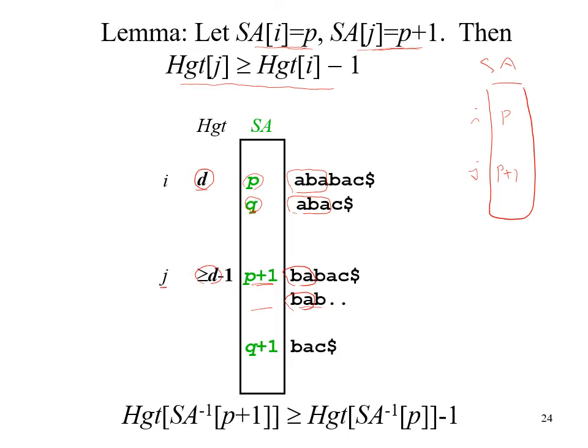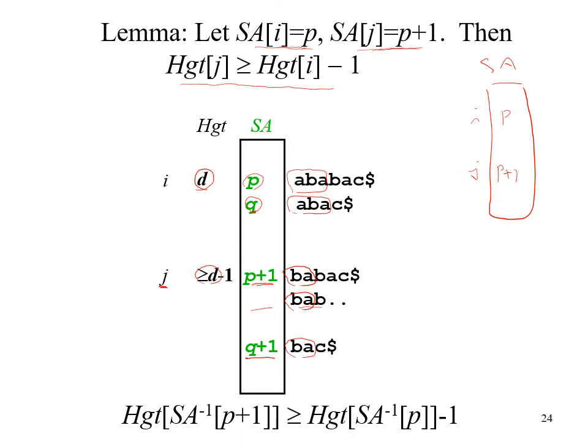If Q plus 1 goes to another place, which is not adjacent to P plus 1, then in this case the height of J may be greater than D minus 1.